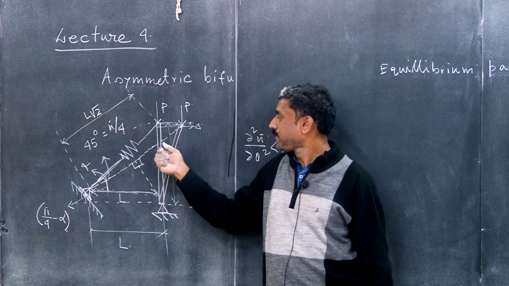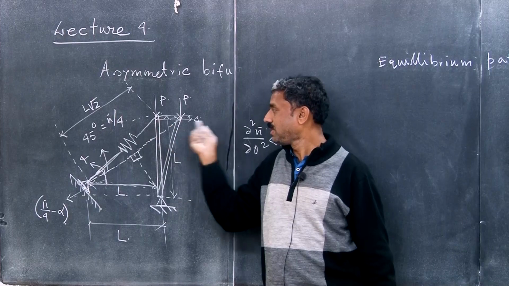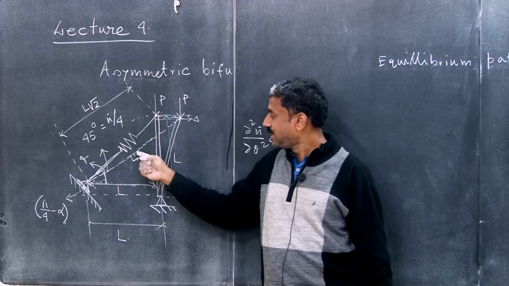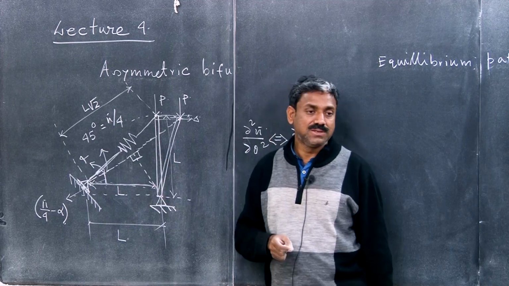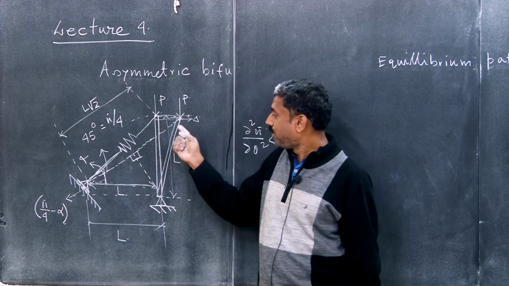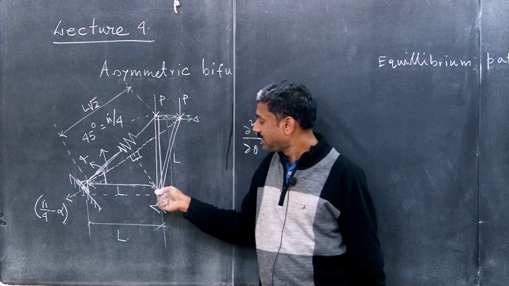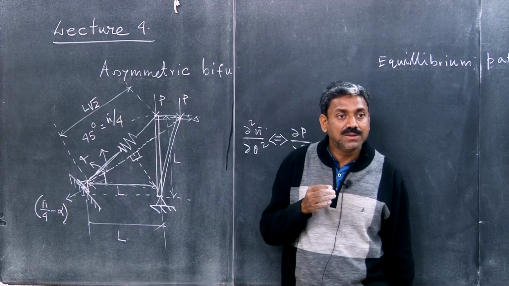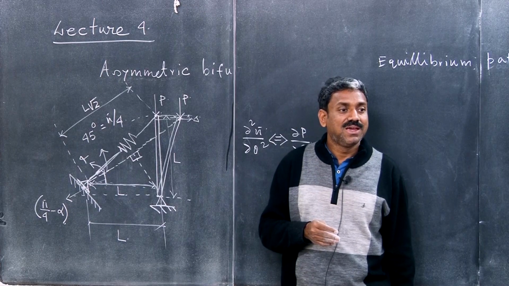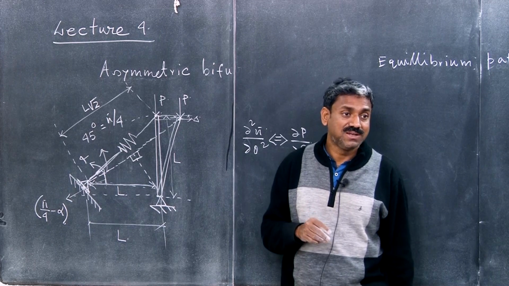But when you are perturbing it clockwise, with increasing theta these distances are decreasing, whereas when you take it to anti-clockwise theta, this distance is increasing. That means the stabilizing force is varying with positive or negative theta. You understand?